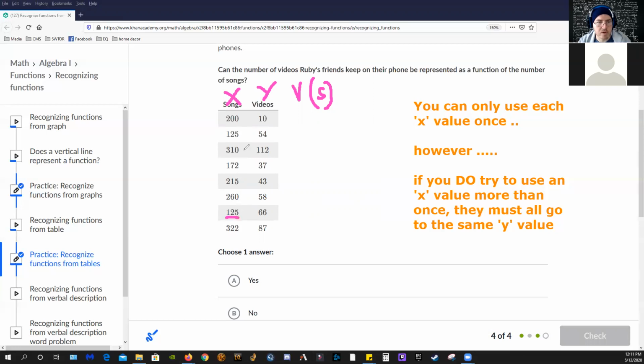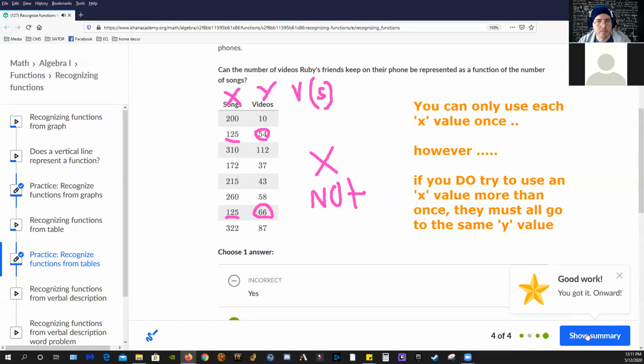So there's a $125. That happens twice. Uh-oh. 54 and 66. So bam. Not a function, because those two x values cannot go to different y values. That is not going to work.